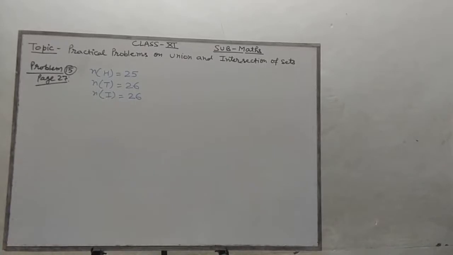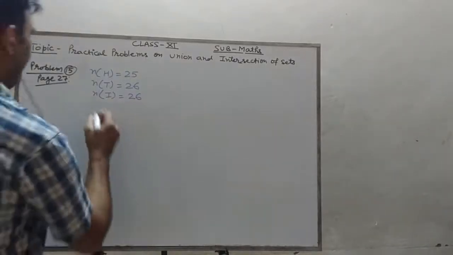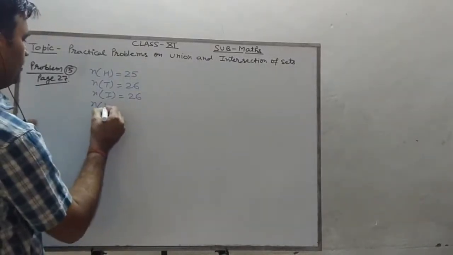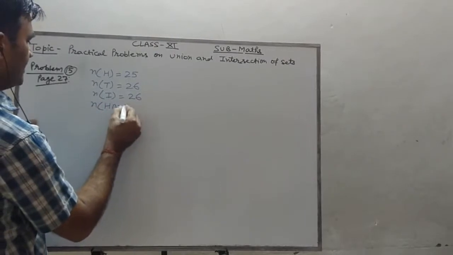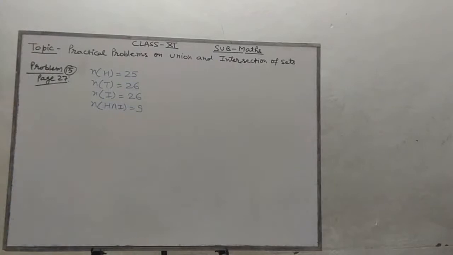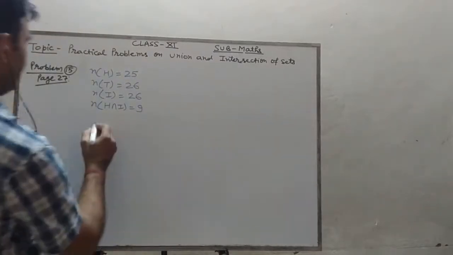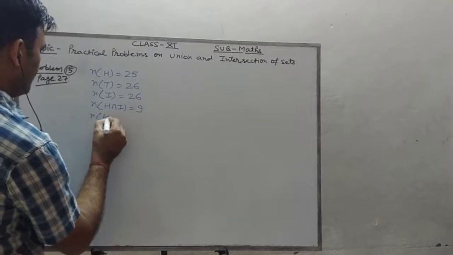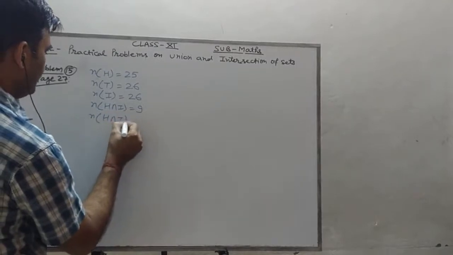9 read both H and I, so I will denote it by H intersection I equals 9. Then 11 read both H and T. Number of pupils who read H and T is equal to 11.